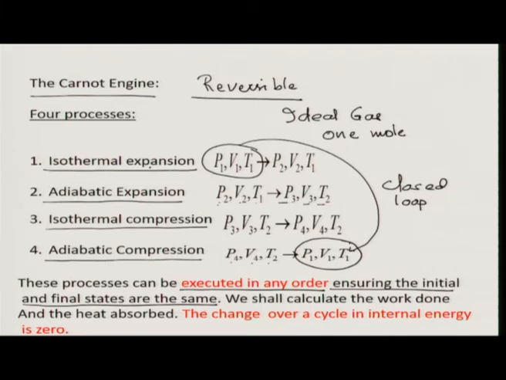Here these 4 processes ensure P1, V1, T1 at the final step, and also at the initial step. We shall calculate the work done and the heat absorbed over a closed loop, and the change in internal energy is 0 over a closed cycle. So, I will not bother about internal energy. I will just be considering work done and the heat absorbed.